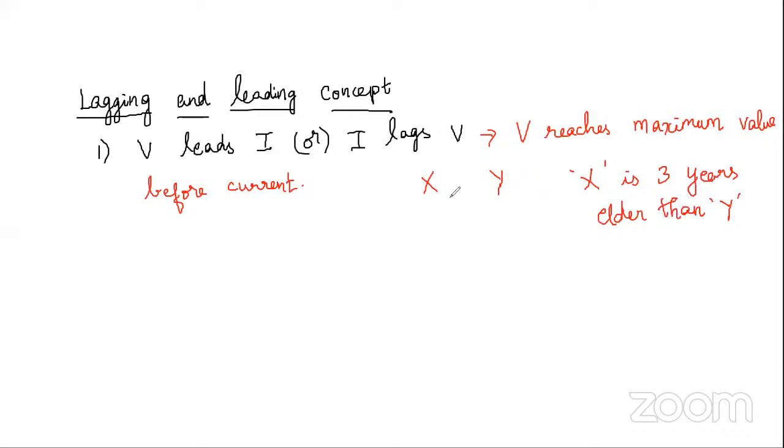The academic progress of X actually leads Y. The academic life of X actually leads the academic life of Y.